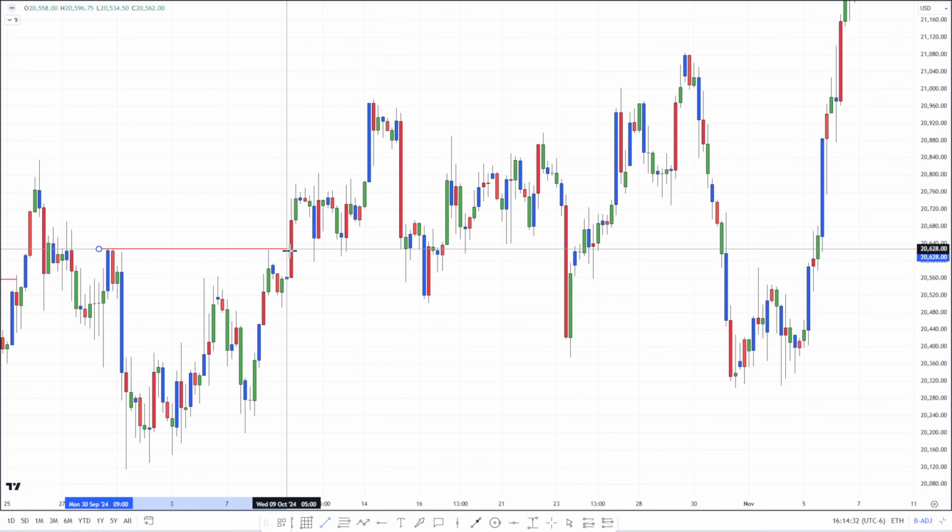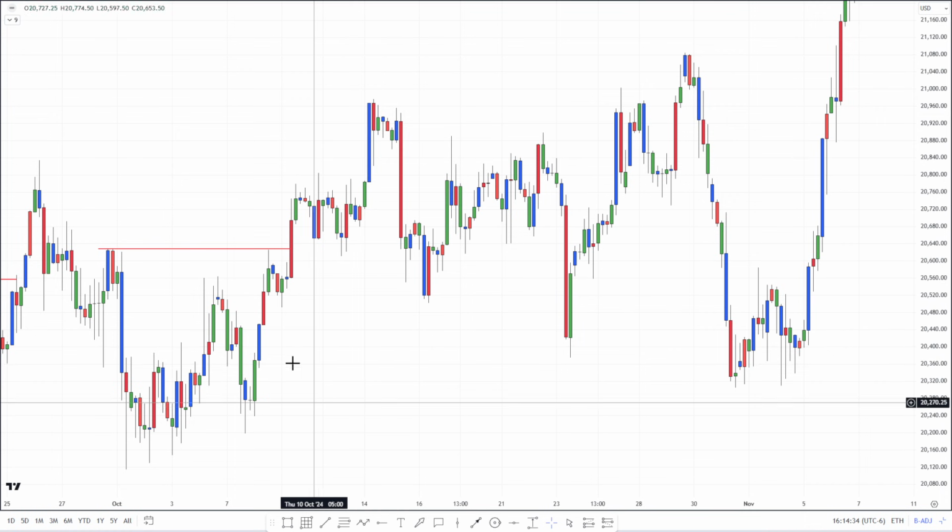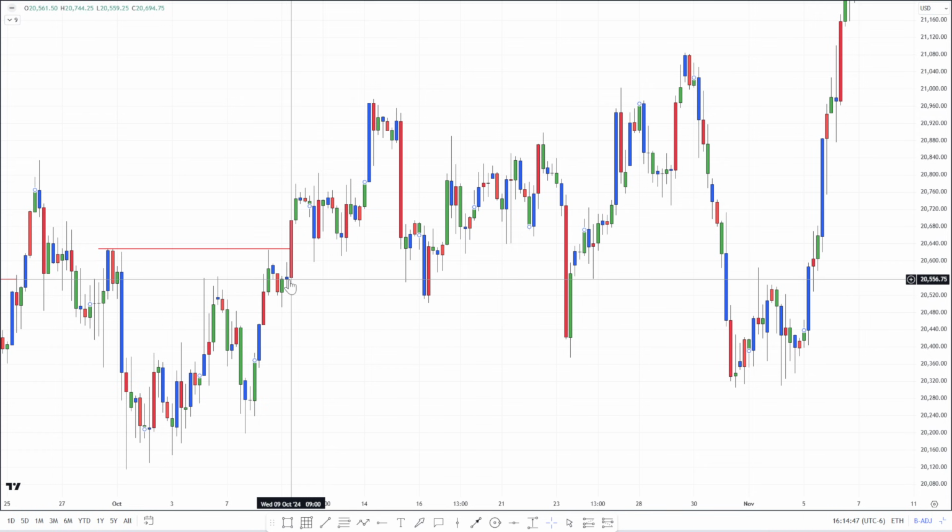Well, here's like an intermediate high, which gets broken right here by this candle. And then we'll just use the low of this candle as it's a 4 hour candle and drag that across.